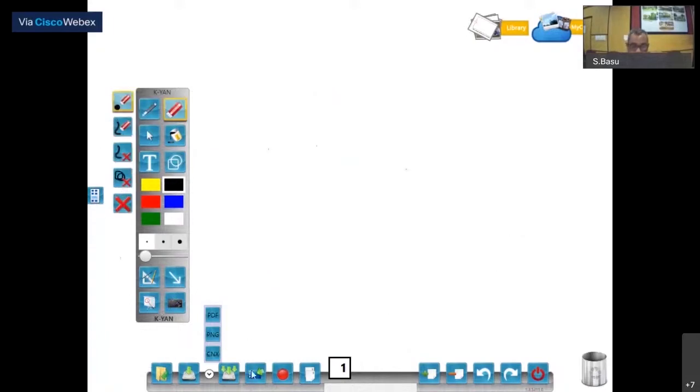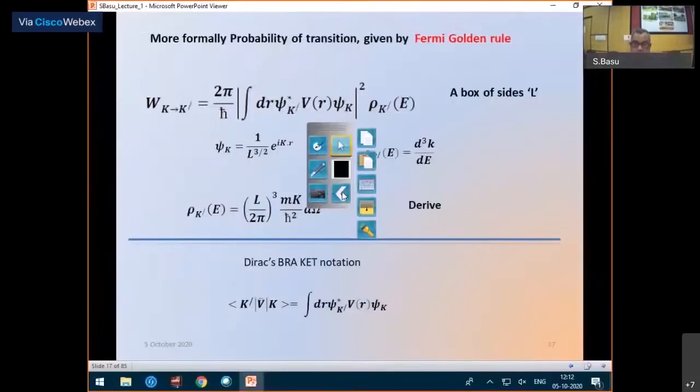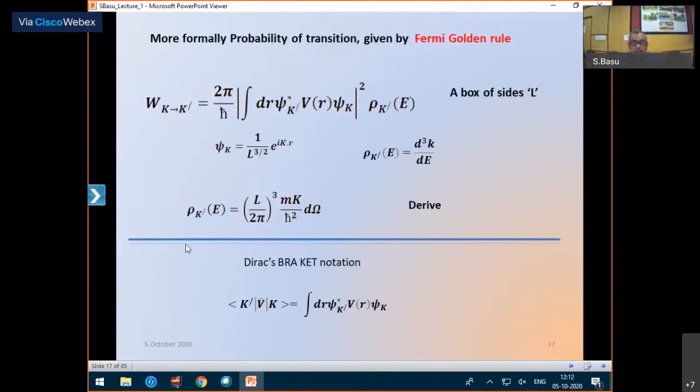So now I'll get my transparency. Yeah. So ultimately we try to evaluate this expression, and over here I must mention before I go any further that often I will be denoting this integral with Dirac's bracket notation, where k prime V k is basically the three-dimensional integral d3r psi star k prime V(r) psi k.